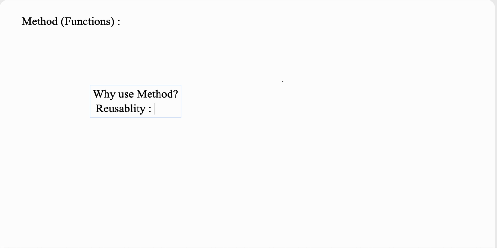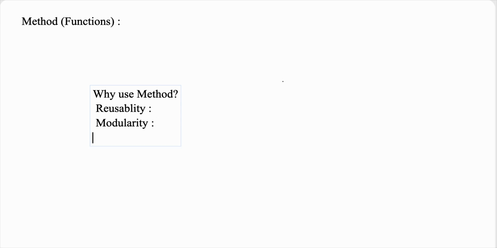The second one is modularity. Here you break the program into smaller and manageable parts. Instead of one monolithic thing, it breaks down into micro parts. For that we can say it's modularity.